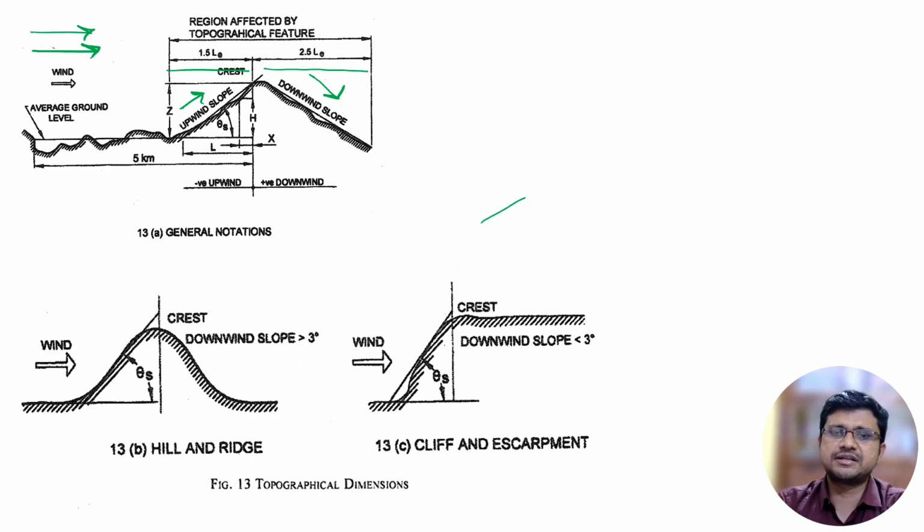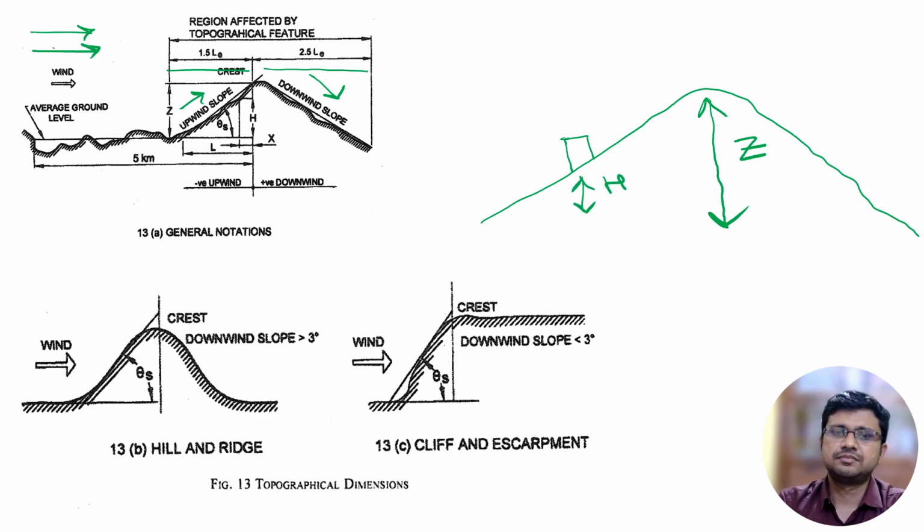And as I have already said, if this is one hill and one particular building is located in that position, then this is Z, the maximum height of the topographic feature. This value will be H. Here you can see this is H. So our building is in this particular position.